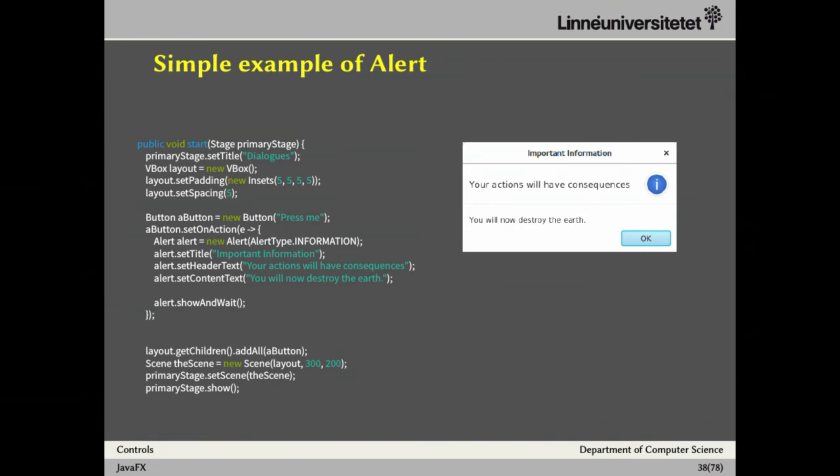And we set the title, which is on top, important information, the header, which is your actions will have consequences, and lastly the content text, which tells us, or rather you tell the user what to expect when pressing OK. You will now destroy the earth.